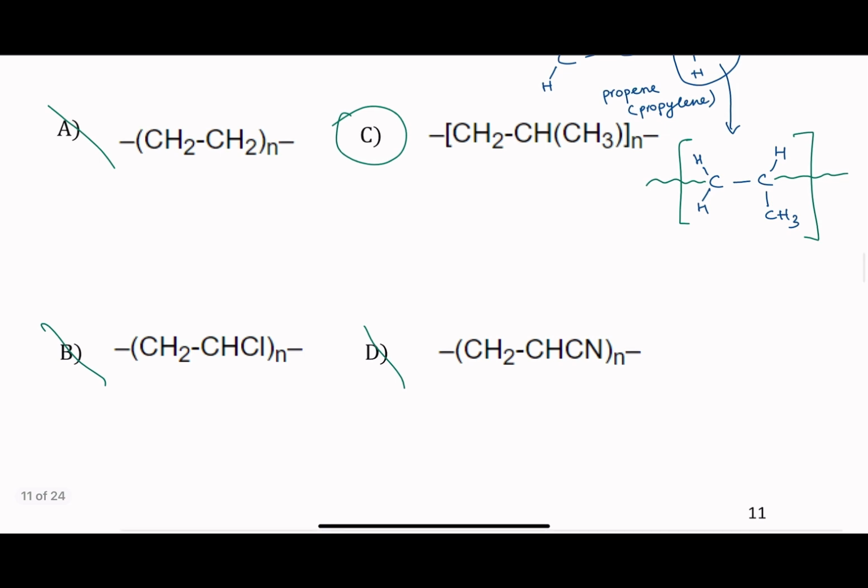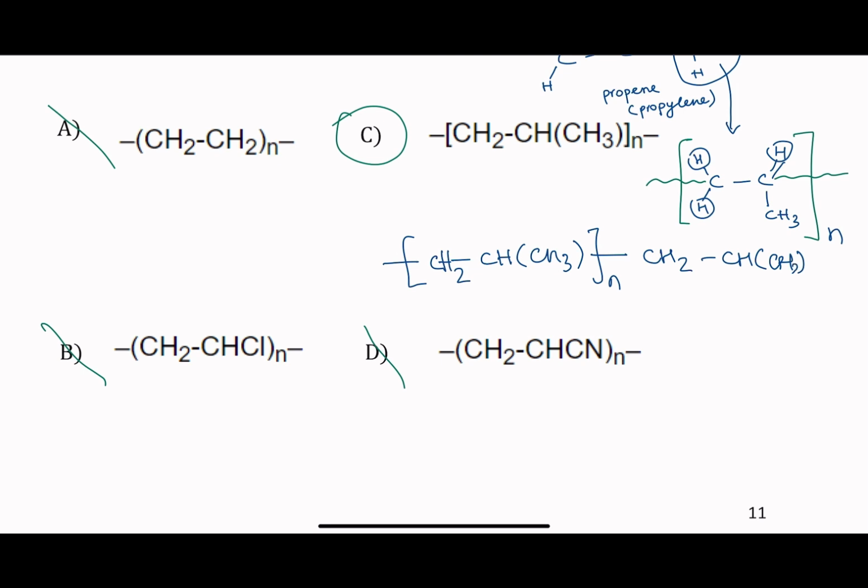If I write all of them, they would look like this. I bring these 2 H's closer, then I bring this one closer to CH, and I bring CH3 here. This is the condensed version, with n amount. You see, it is connecting to another monomer like this, and it continues on, and the same thing from this side.